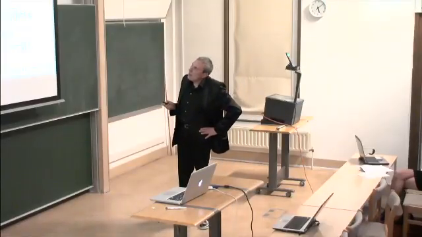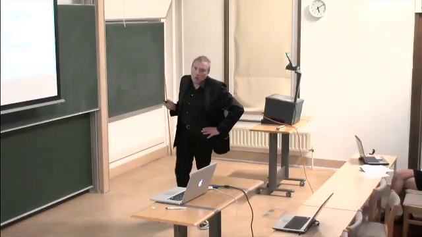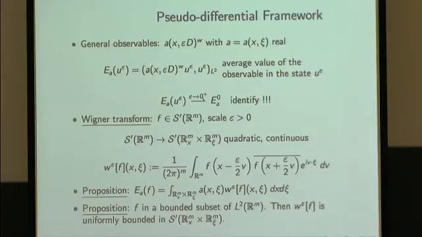So, once you have the observable operator, you can, of course, define the average value of the observable A in the state u epsilon, being the wave function. And all you need to do for this is compute the scalar product of the application of the observable operator to the wave function with the wave function itself. Okay, again, this is a very general quadratic function now in the wave function.